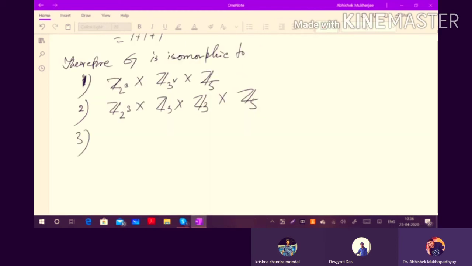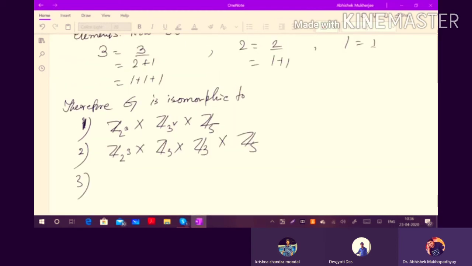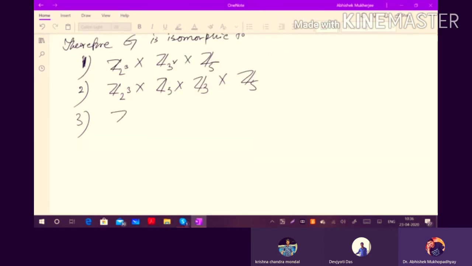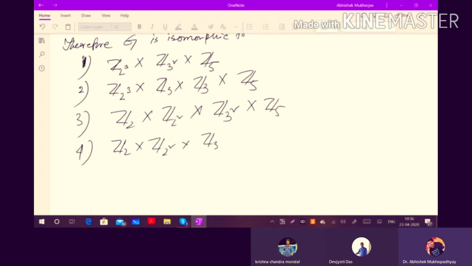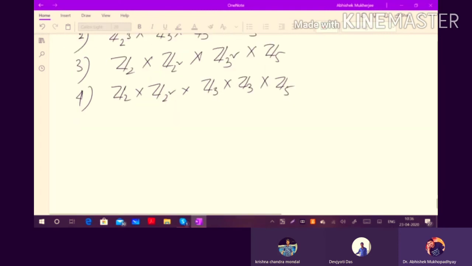Number 3, Z2 cross Z2 square, Z3 square, Z5. Number 4, Z2 cross Z2 square, Z3 cross Z3 cross Z5.